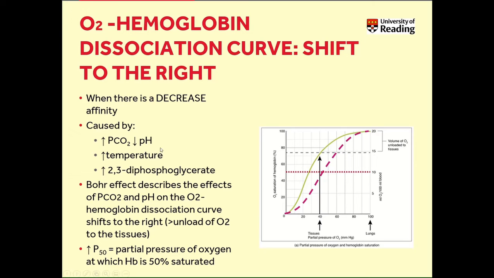Okay, so if the dissociation curve is shifted to the right, as you can see, there will be an increase of the partial pressure of oxygen at which hemoglobin is 50% saturated. Indeed, you will have 50% saturation of hemoglobin this time, and now look at the purple trace, around a value that is higher than 40 millimeters of mercury.